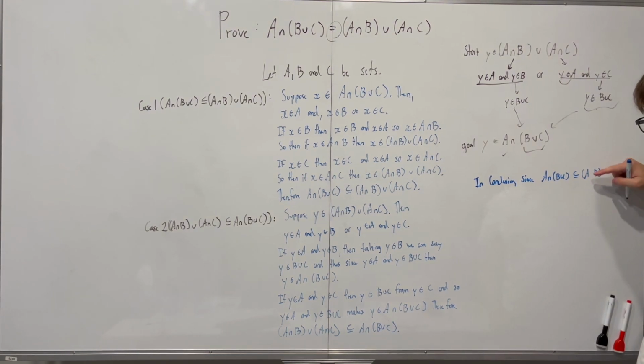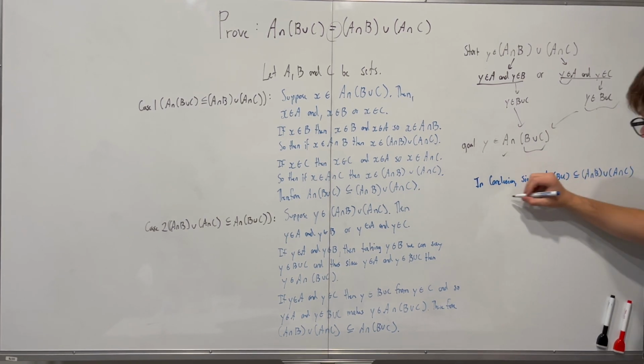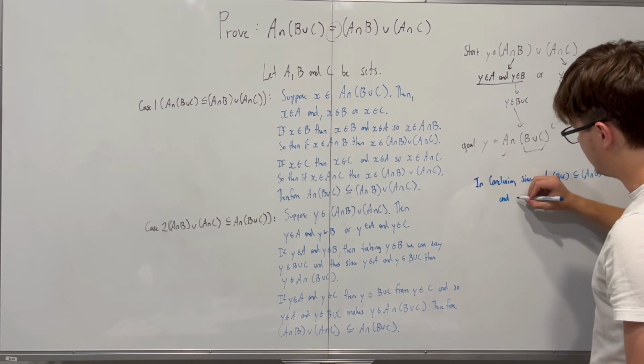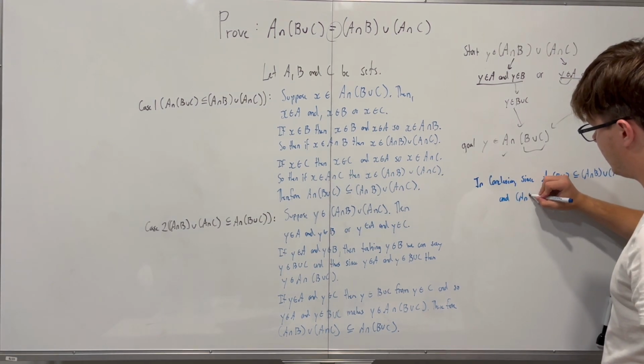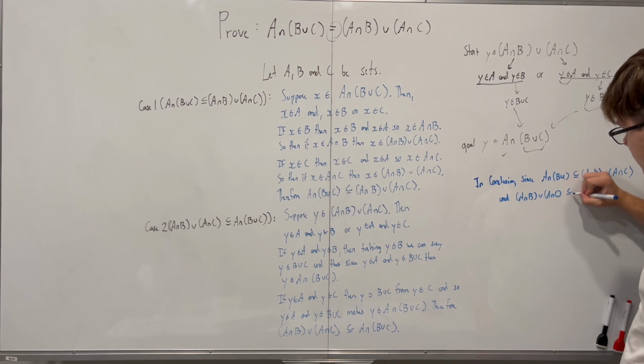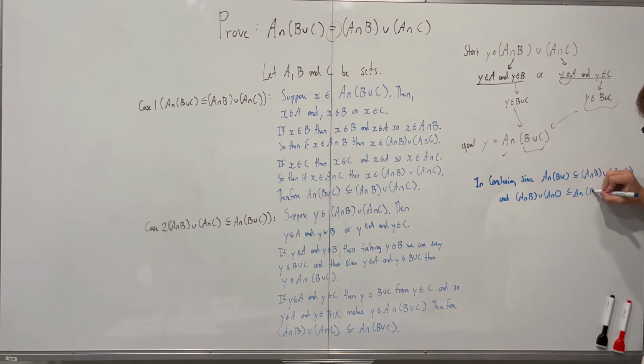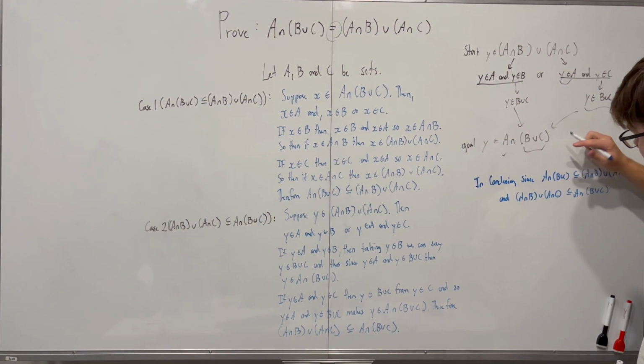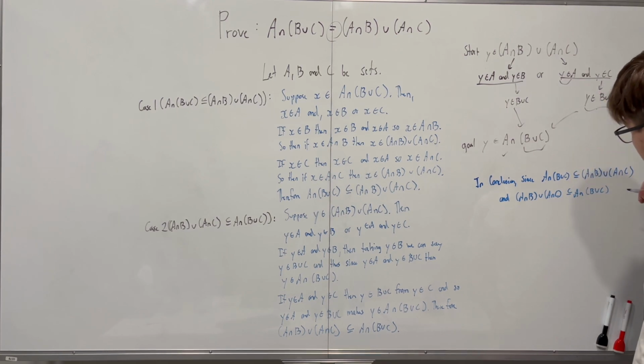No, it's intersect. And A intersect with B union A intersect with C is a subset of A intersect with B union C. I didn't really write this one very well.